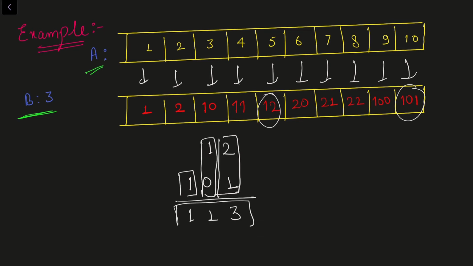Now for each digit I need to again do a modulo by 3. So for 3, if I do it modulo 3, it will become 0. 1 modulo 3 will be 1, and 1 modulo 3 will be again 1. So the answer for adding 12 and 101 in this manner is 110. So that's how we need to add when we are talking about two numbers.